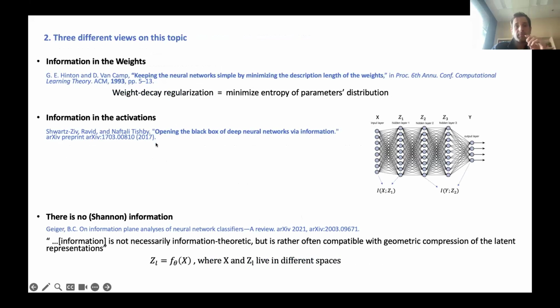The statement is obvious to me, because of course you want to penalize the weights to be around zero to minimize the entropy. But the message is that the information is in the parameters. Here in Tishby's work, the message is that the information is in the activation of hidden neurons. It's two different things. It's two different measurements.